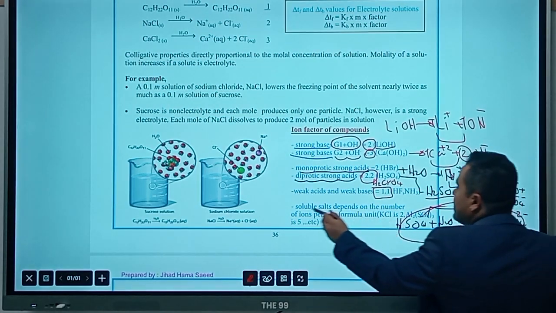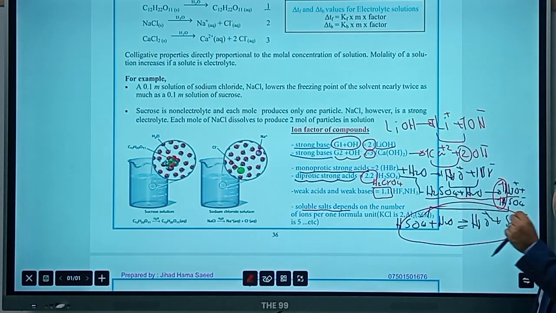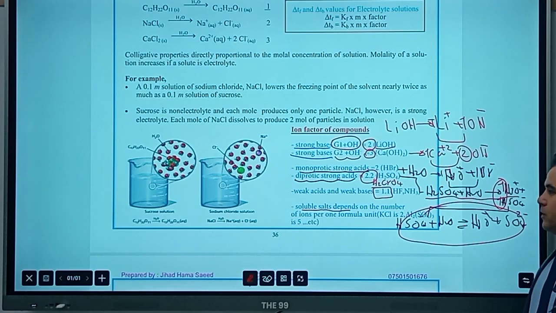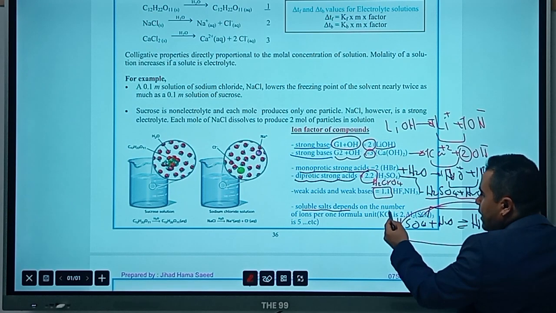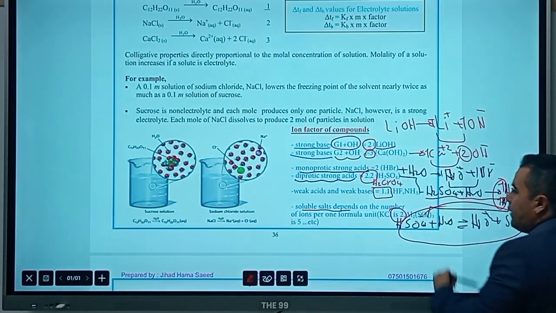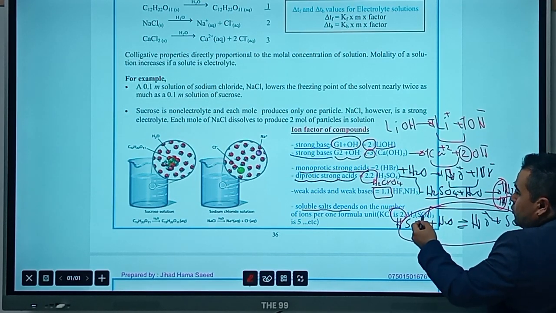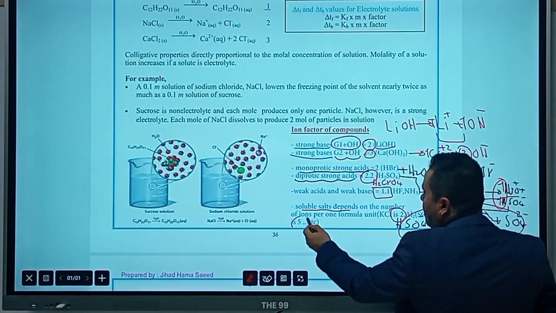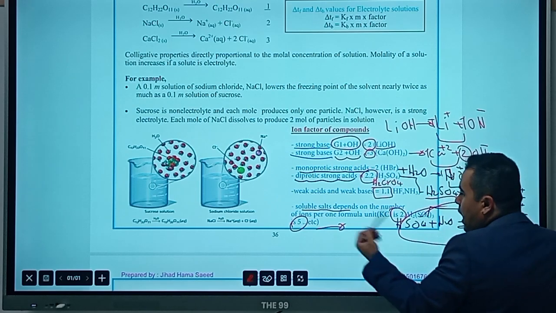For the soluble salts, guys, it depends on the formula unit of the salt, the structure of the salt. For example, KCl has the ion factor of 2, Al2(SO4)3 has 5, and so on. How?